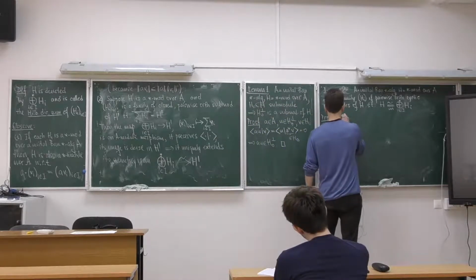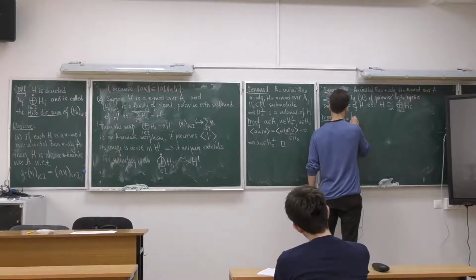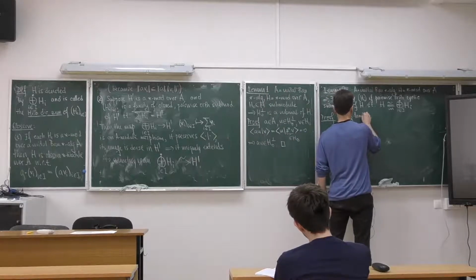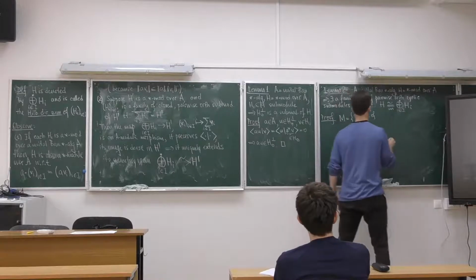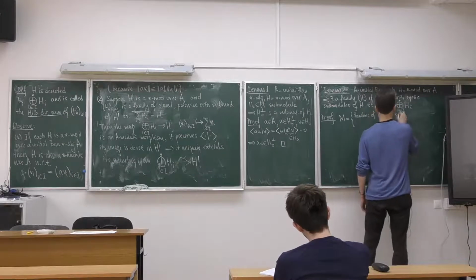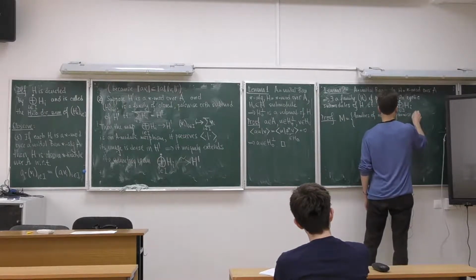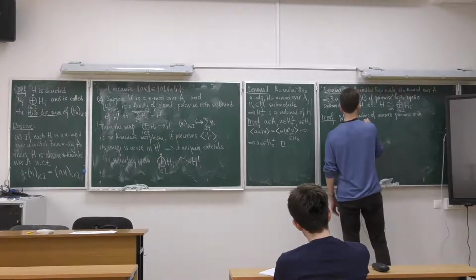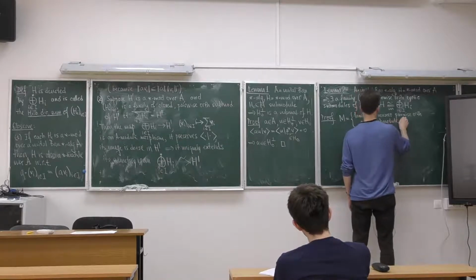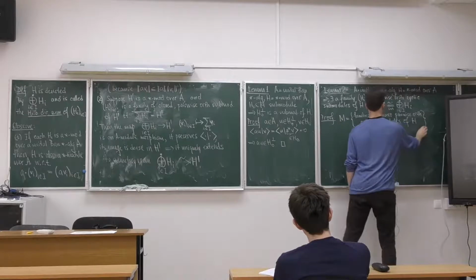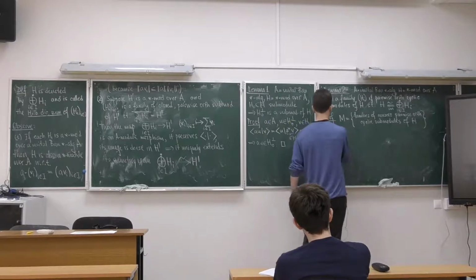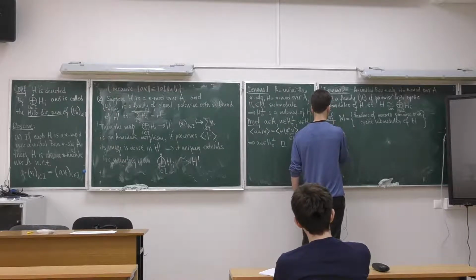So let's denote by M the set whose elements are families of non-zero, pairwise orthogonal, cyclic submodules of H. M becomes a partially ordered set. The order relation is just the inclusion.